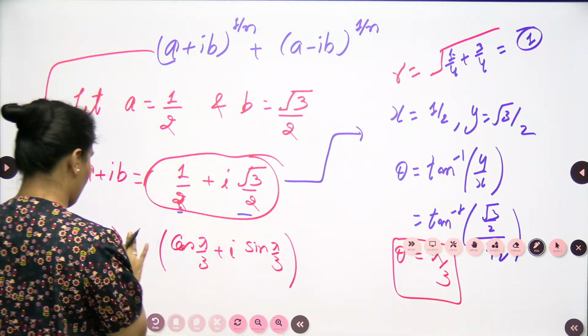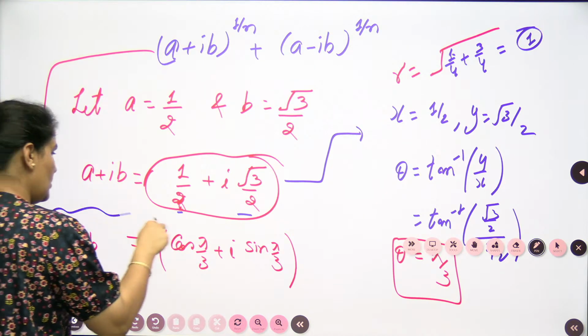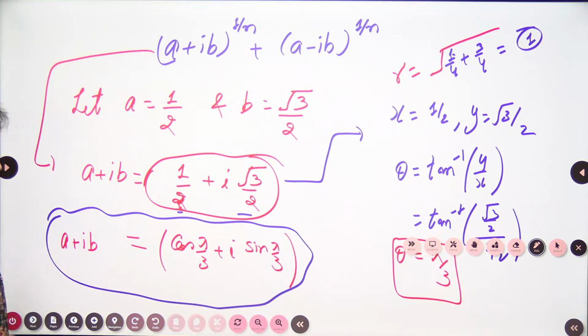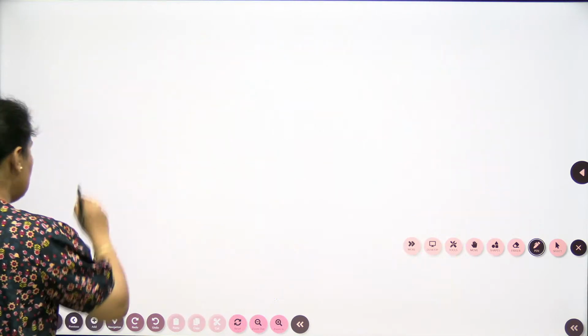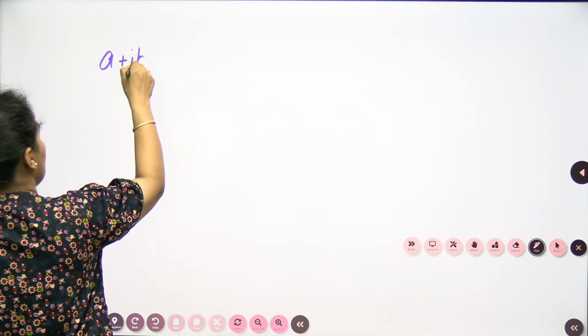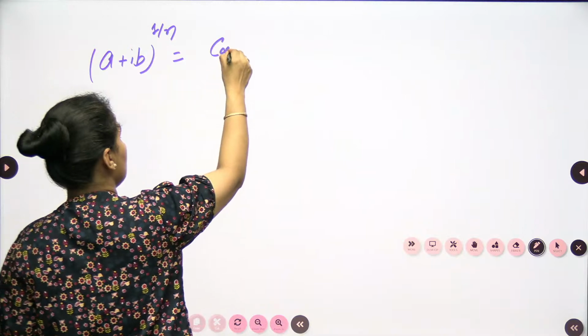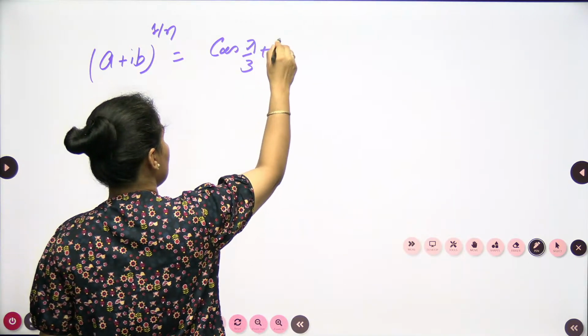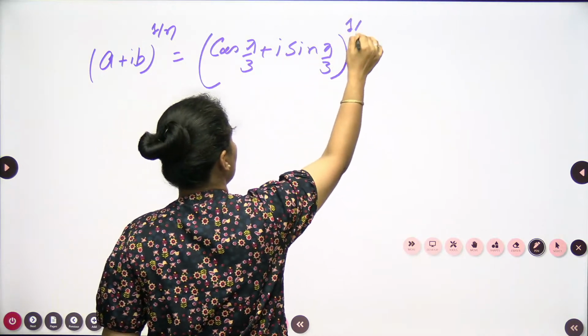So this is your form, which is equal to a plus iota b. Now I can find out a plus iota b power 1 by n, with the help of de Moivre's theorem. I will use cos pi by 3 plus iota sine pi by 3 power 1 by n.